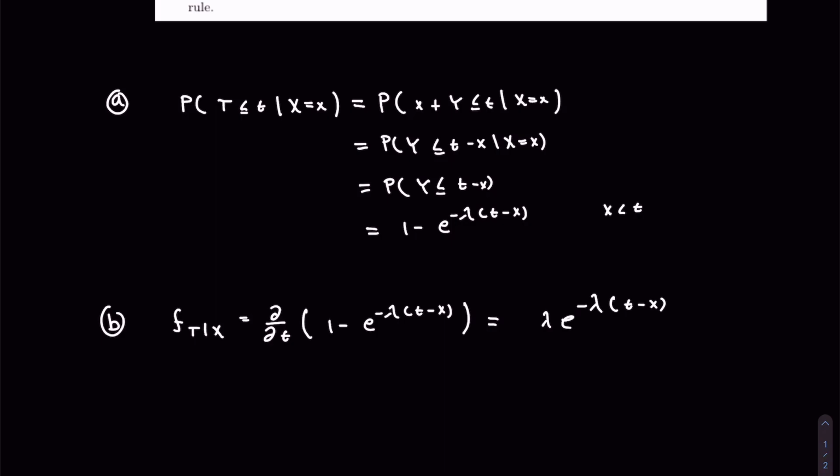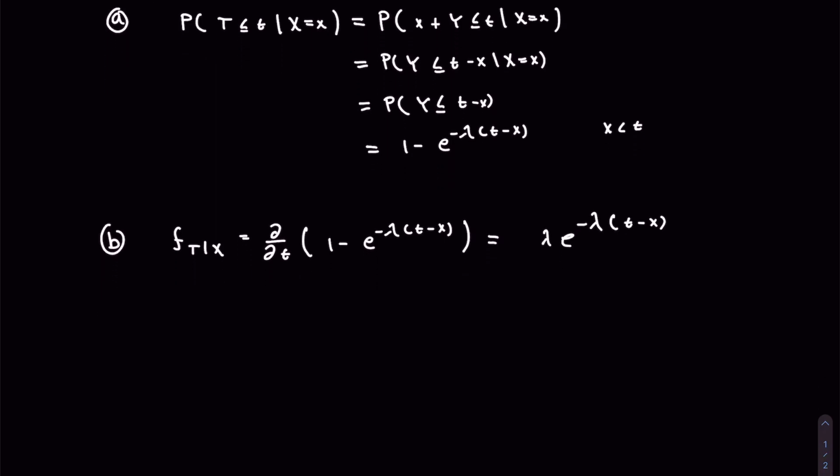And now we're asked to check whether this is a valid PDF. And that we do. So a valid PDF should sum to 1. So we ask if this integral, integrating this PDF that we have here, going from, and so where do we start?